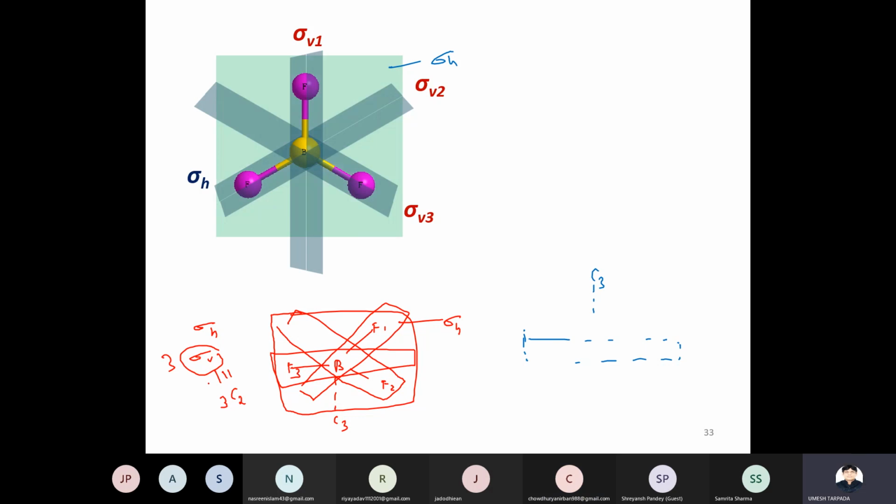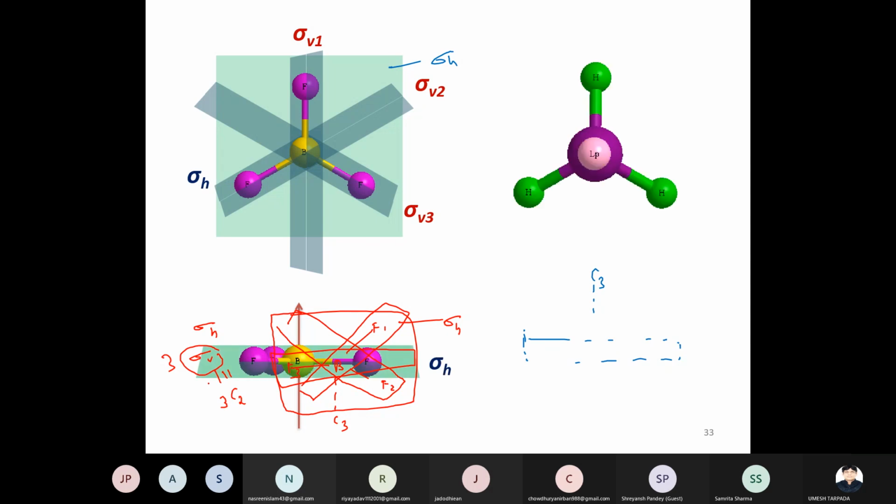And this is a sigma H, which is passing through all these three fluorine as well as the boron atom. This sigma H is perpendicular to the principal axis. But if you compare it with ammonia, ammonia does not have a sigma H. The principal axis is there, on your side.